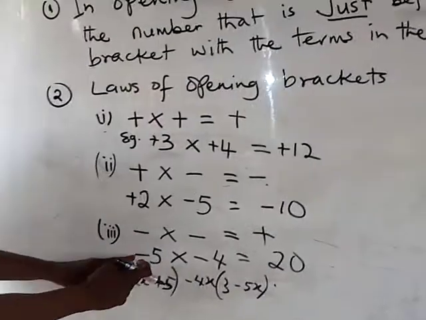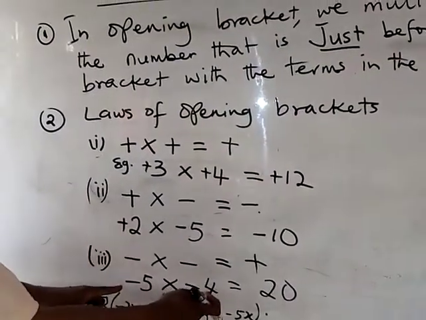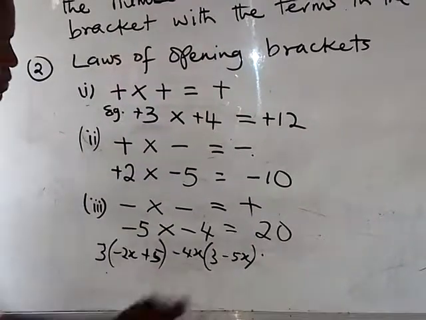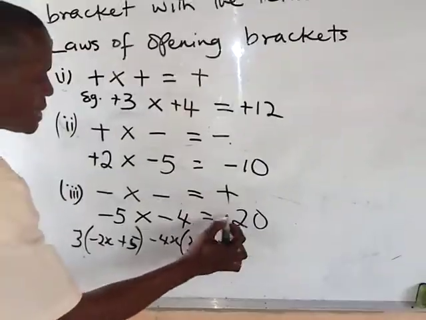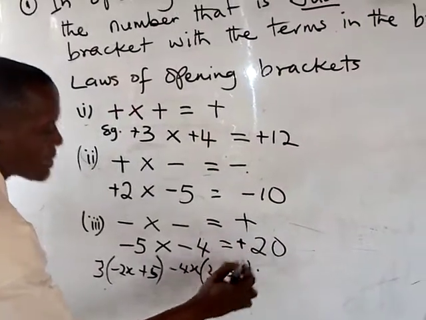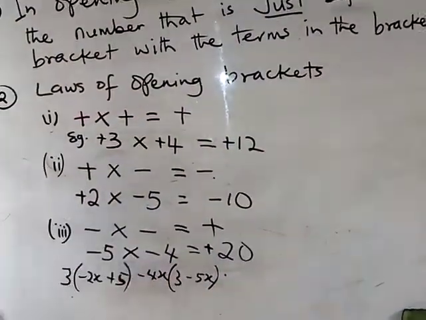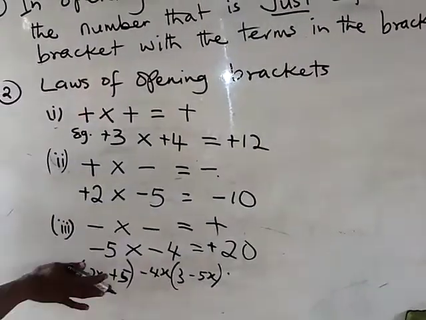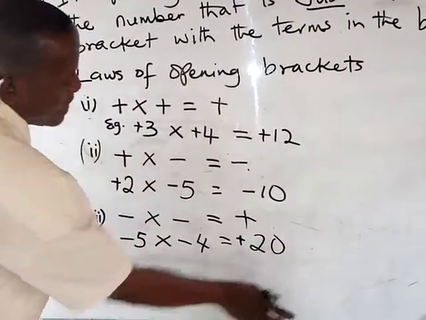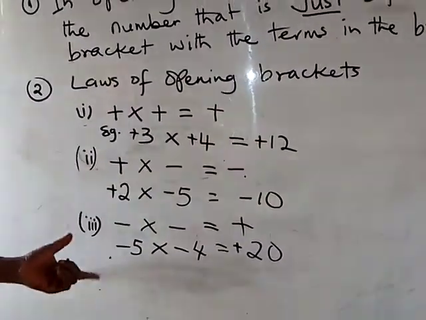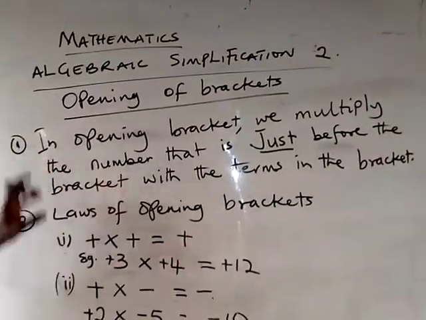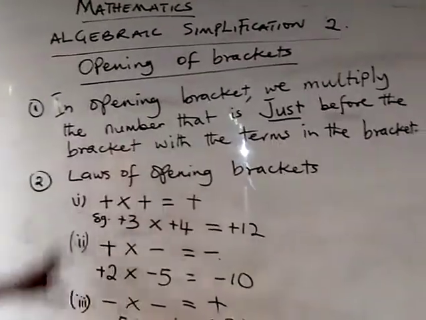That is, if I have minus 5 times minus 4, it gives me positive 20. This 20, since there is no negative sign by the left hand side, automatically it's carrying a positive sign. These pieces of information are very, very cogent.